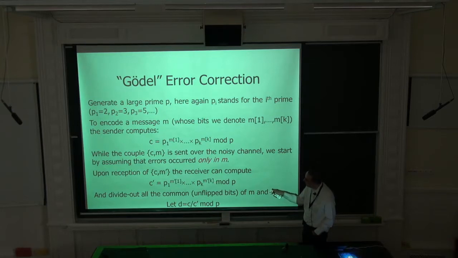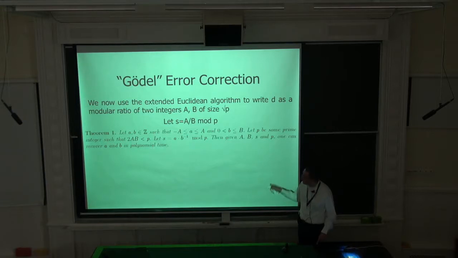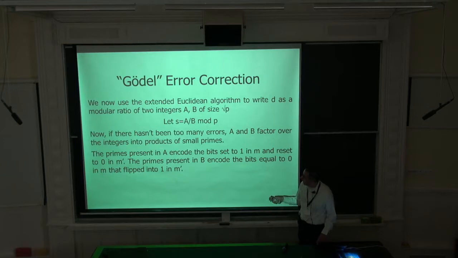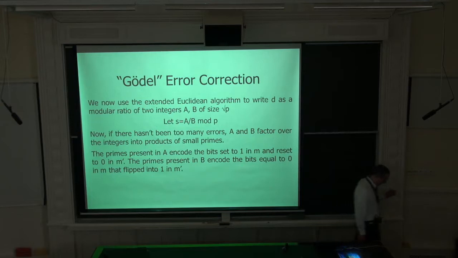Except that instead of having messages as I've shown you before, here each prime corresponds to a bit. So it's basically the same idea as what I showed you before, except that we don't hash. Here we have pre-assigned primes. And again, using LLL, I'm going to write it as a ratio of A over B, using this same theorem, with two numbers of size root of P, factor, and then know which are the bits that were flipped, and basically what is the correspondence between M and M prime.